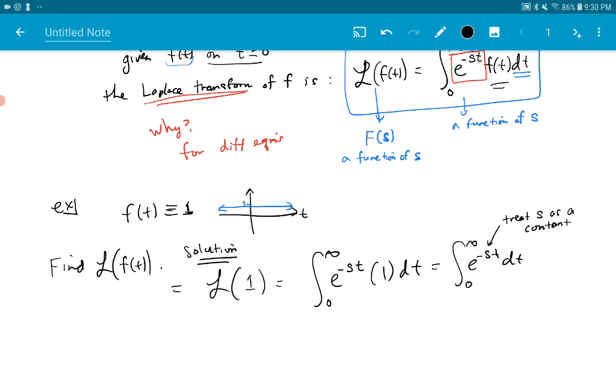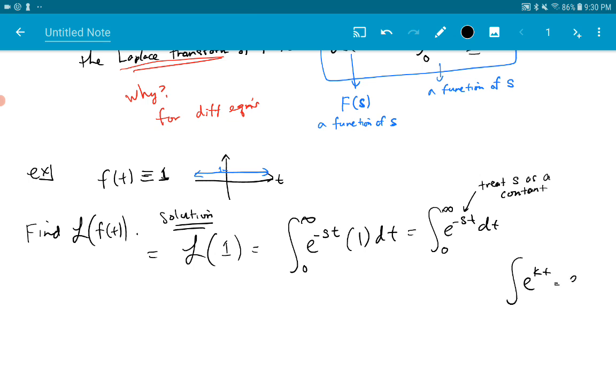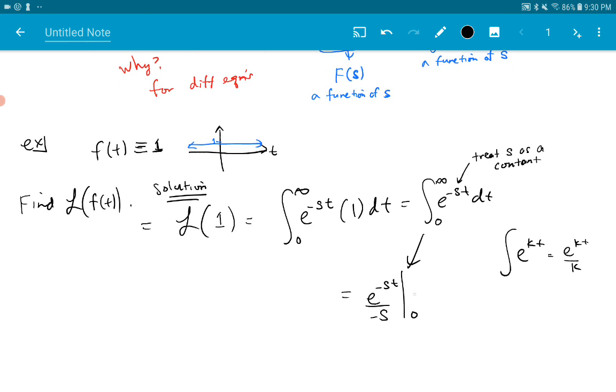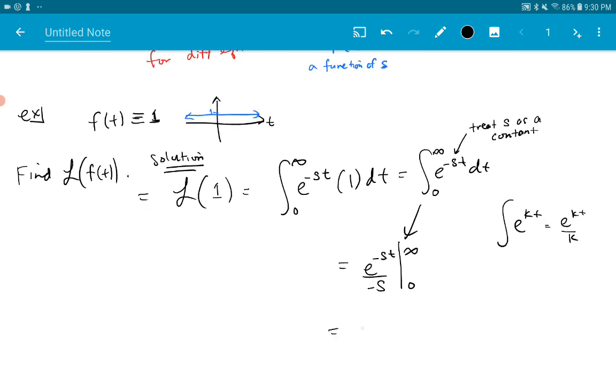And we're going from 0 to infinity. So the antiderivative, remember the antiderivative of e to the kt is e to the kt over k, right? That's just a rule. So this equals e to the negative st over negative s. And remember, we're going from 0 to infinity, which means we're actually taking the limit as a goes to infinity of e to the negative st over negative s from 0 to a.